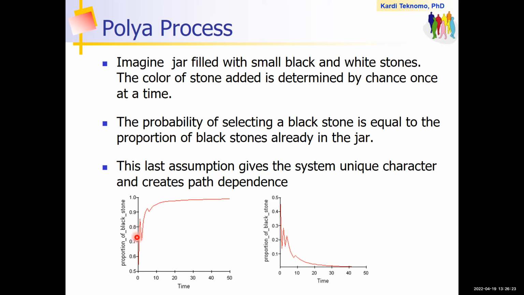For example, it starts at 0.5, goes above 0.5, and then suddenly goes down to 0. So this is what the system looks like.